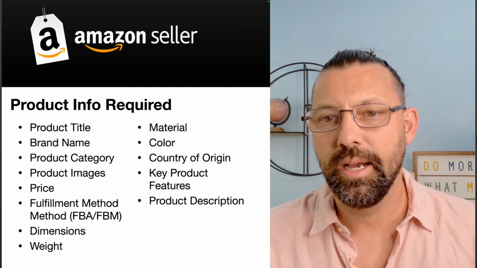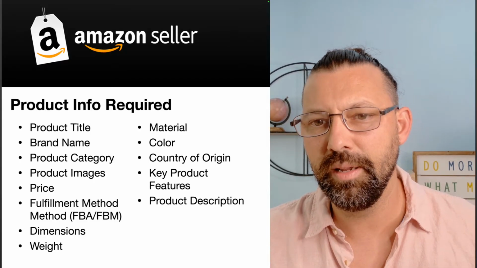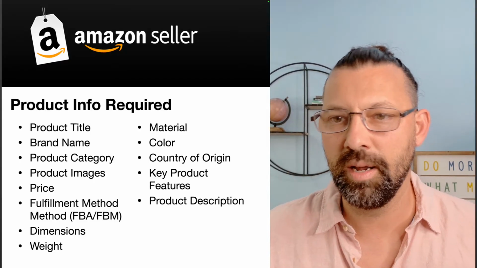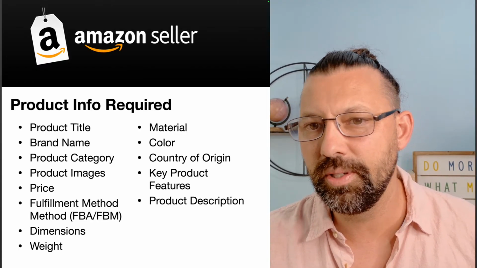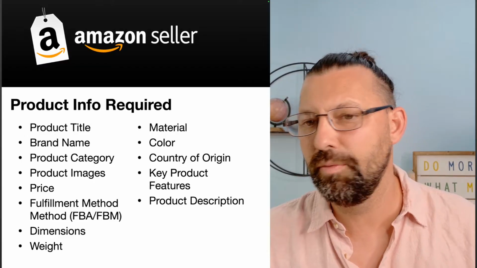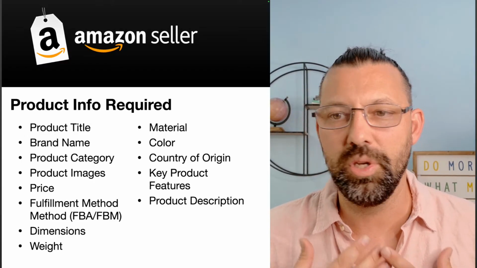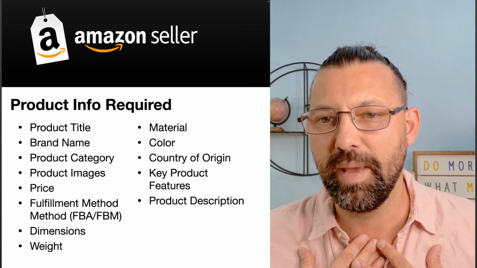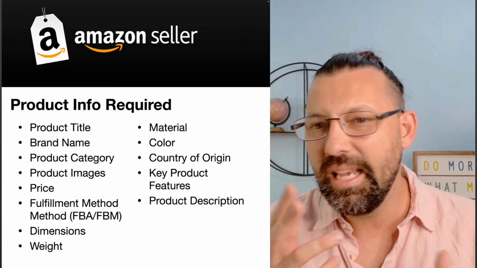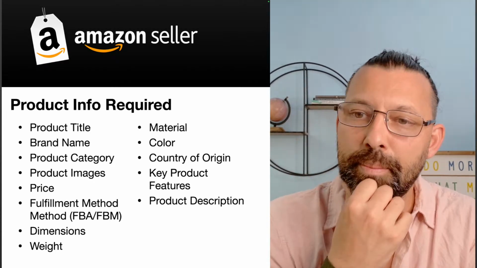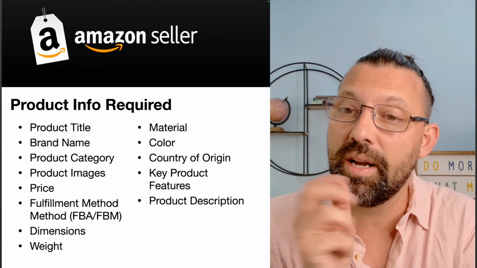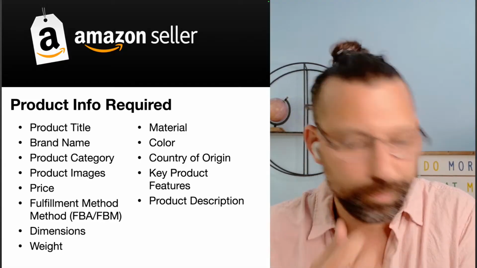Your pricing, and the fulfillment method, FBA or FBM, weight, dimensions, what kind of materials it's made out of, where it's manufactured. I always just choose US and it's where it's manufactured. Some key features, maybe 5 to 6, unique identifying bullet points. Those are things that people read right off the bat, and a product description.